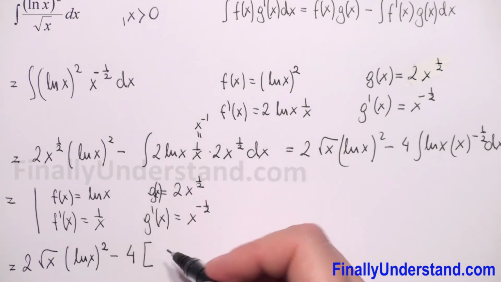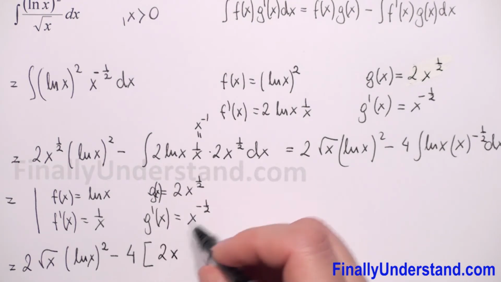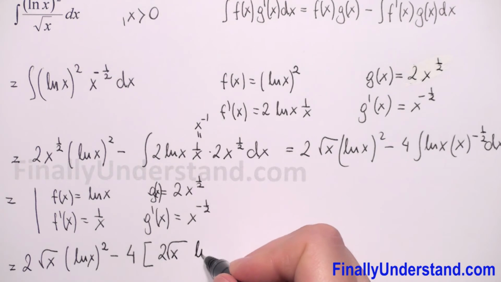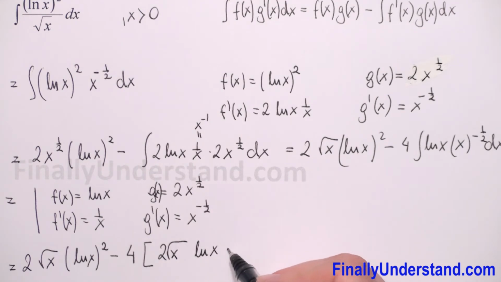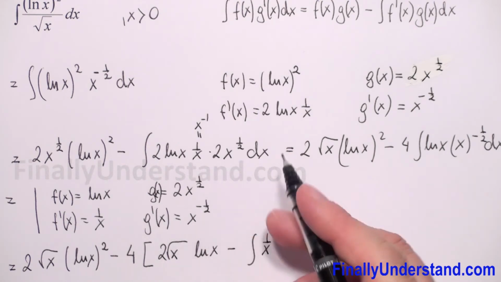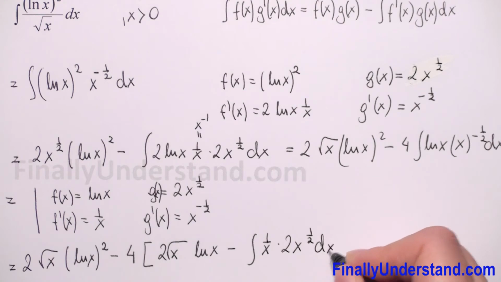So I will put first 2x to the 1/2 power, so I can write 2 square root of x times natural logarithm of x, minus the integral of f prime, which is 1 over x, times g, which is 2 times x to the power 1/2, dx.